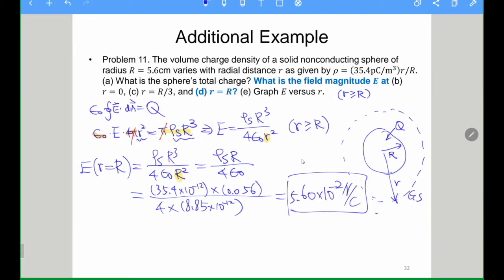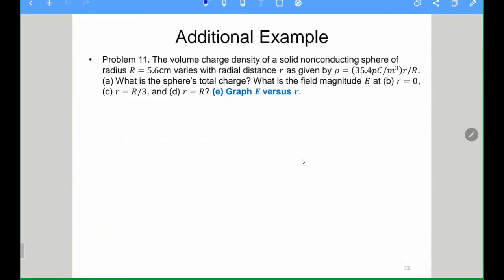And then for part E, we would like to graph E versus r. So let's reiterate the expression of E. It will be rho s times r squared over 4 epsilon naught over capital R, for r smaller than or equal to capital R, and larger than or equal to 0.